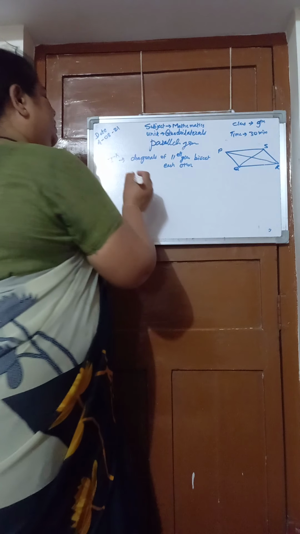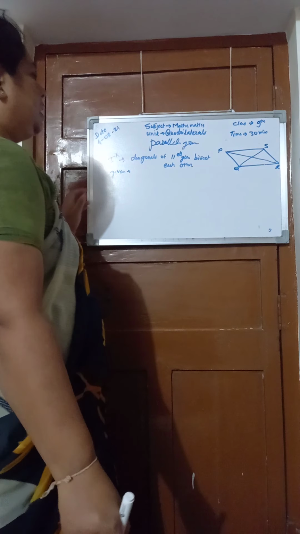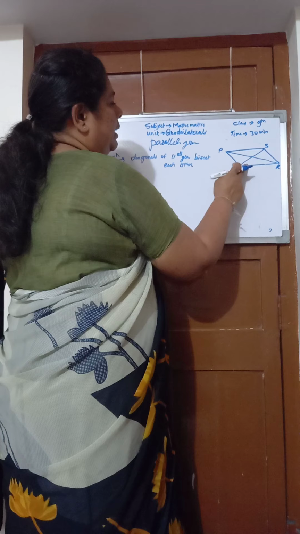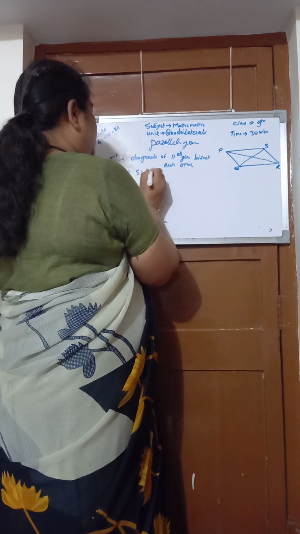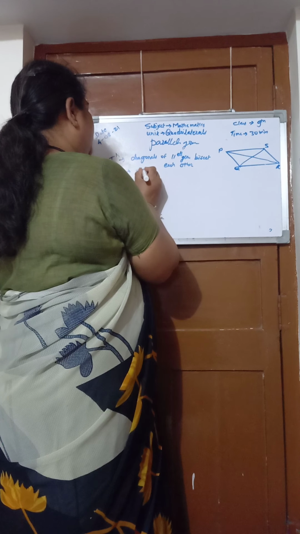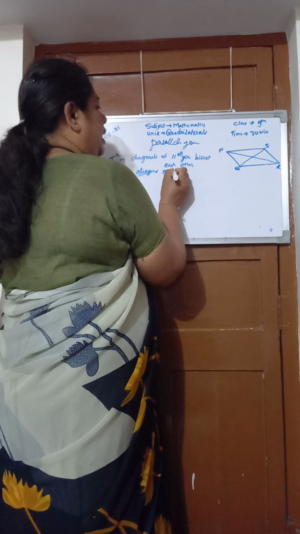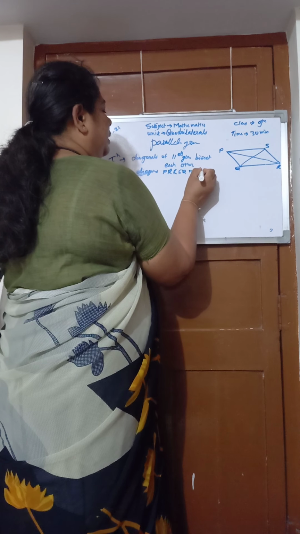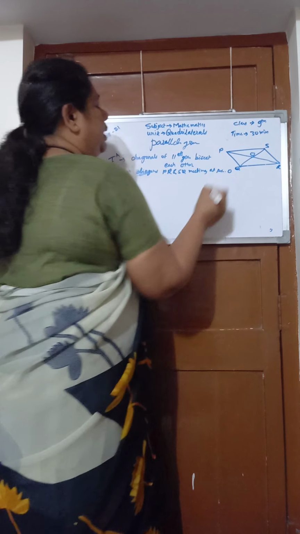What is given here? Diagonal PR and SQ meeting at point O. Okay.